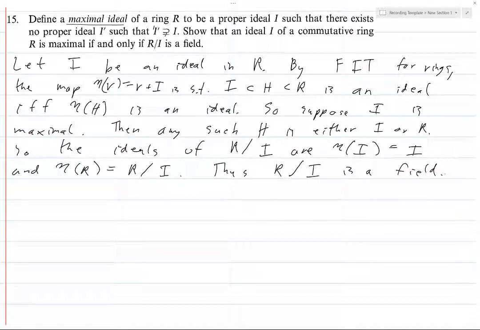And so the reverse direction is pretty much the same. Perhaps we could have done an if and only if thing, but I didn't work out the details, so let's just do it.